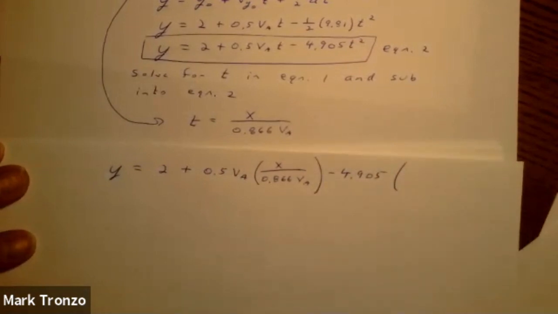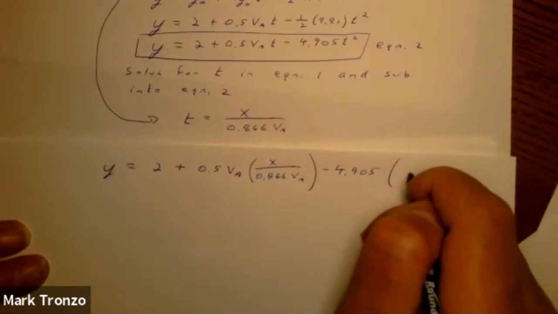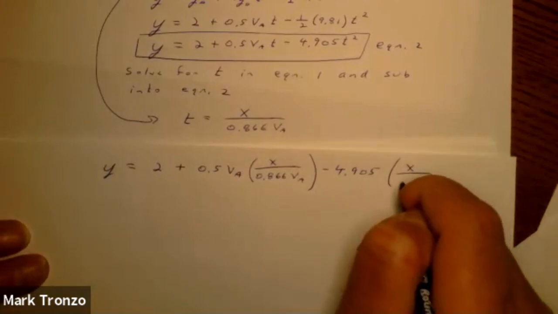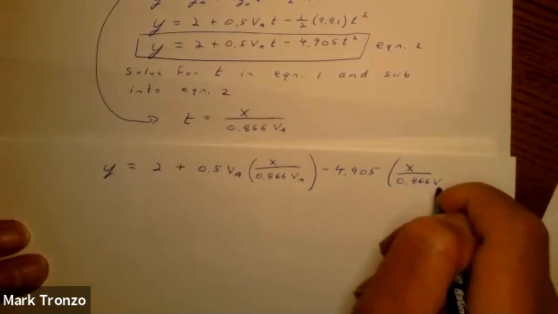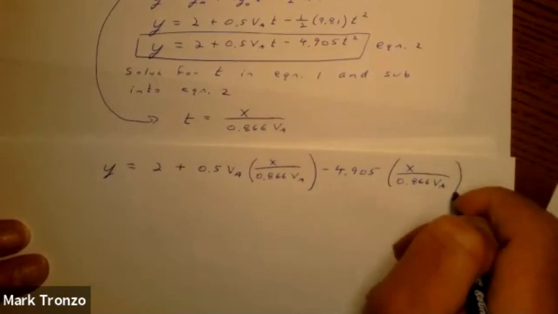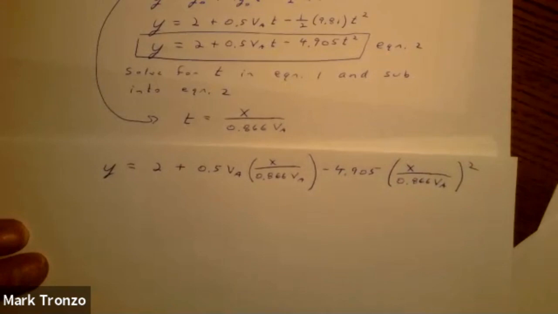And then for t squared, do the same thing. And that's going to be x over 0.866 VA, squared, like this. So again, all I did was put that into equation 2.